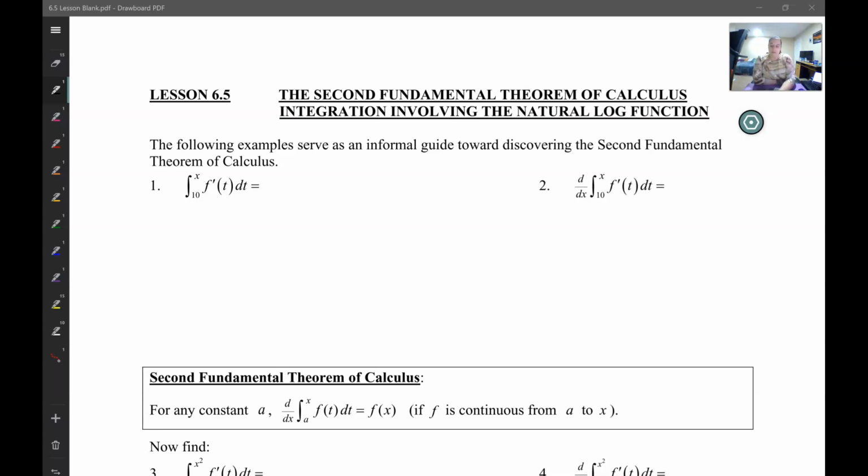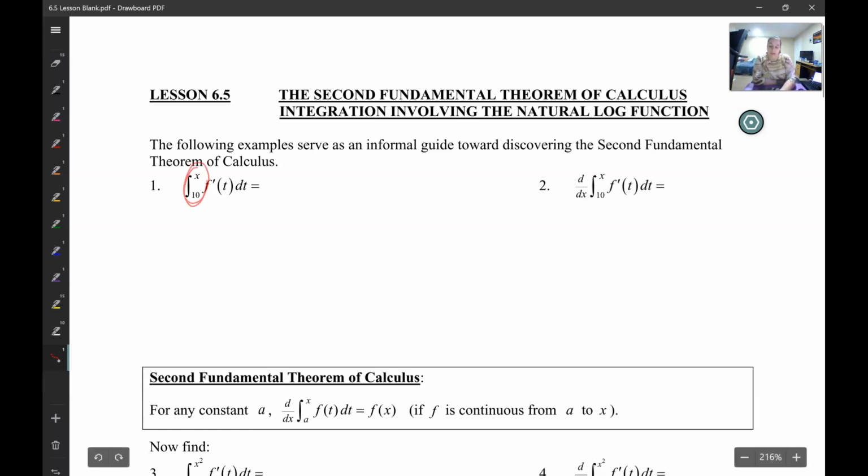This is the integral from 10 to x. Now here's where the second fundamental theorem of calculus comes in. Up to this point, when we've had our definite integral, the limits have always been numbers. But that's not always the case.